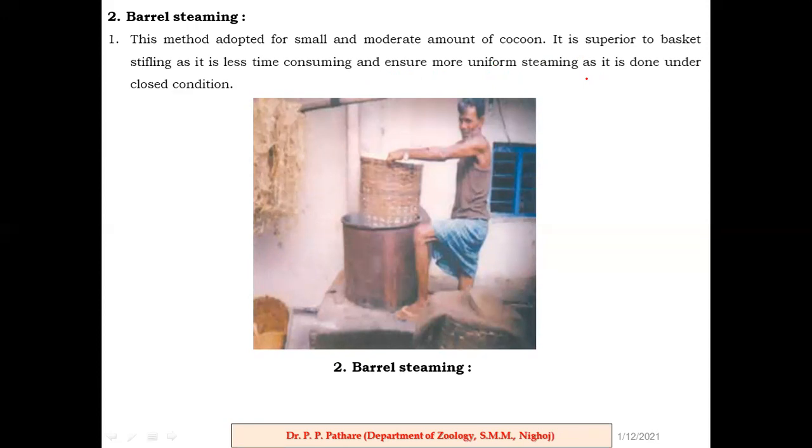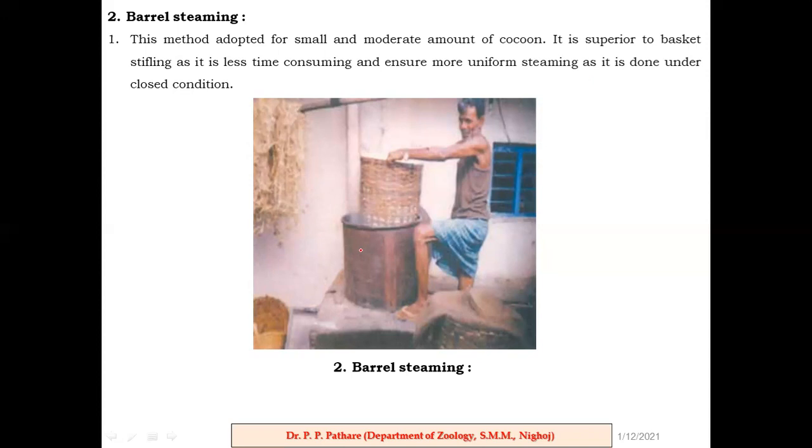This method is very good compared to basket steaming, because here you can be 100% sure of killing the pupa present in your cocoon. Here you can check the photo image.